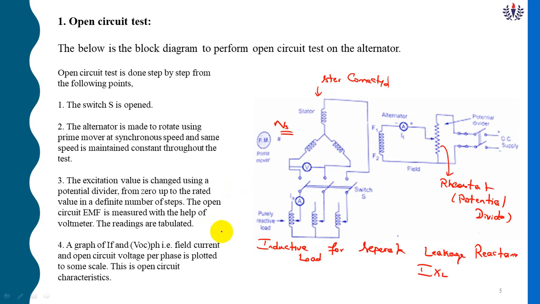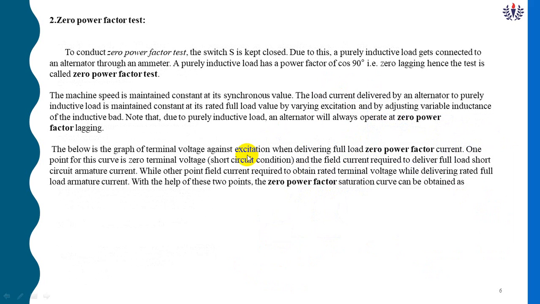Understood or not? Here we plot the field current IF on the x-axis and the open circuit voltage VOC on the y-axis. IF we measure in the field winding using the ammeter, and VOC we measure in the stator winding. Then the zero power factor test: in this test, we have to close the switch.